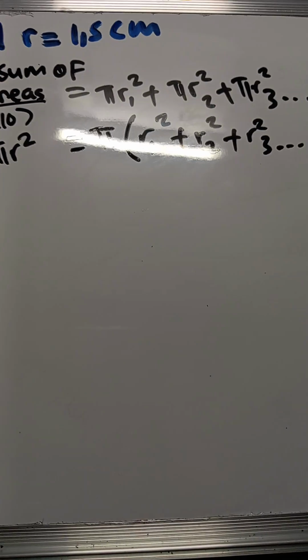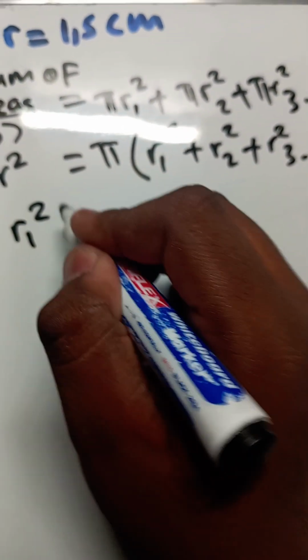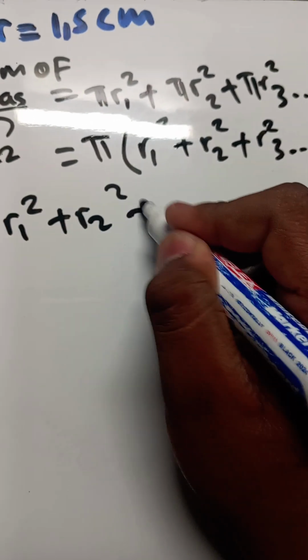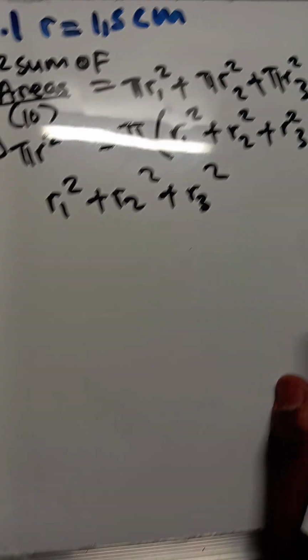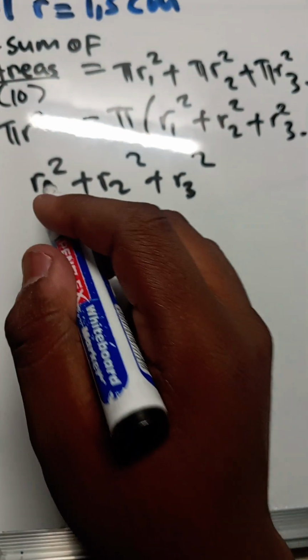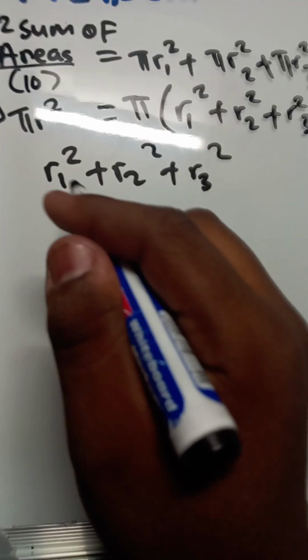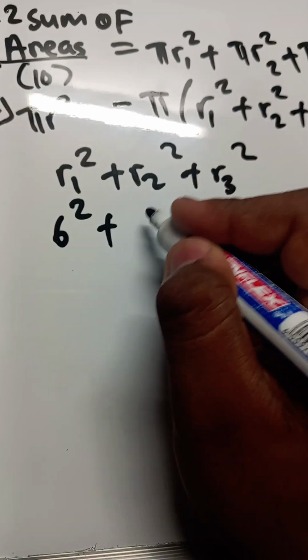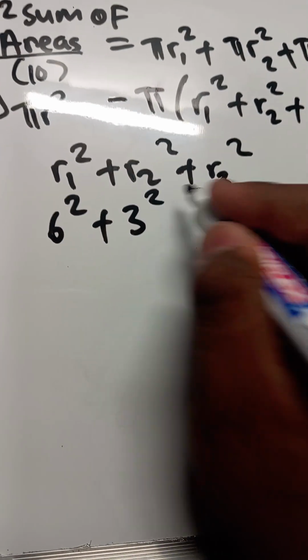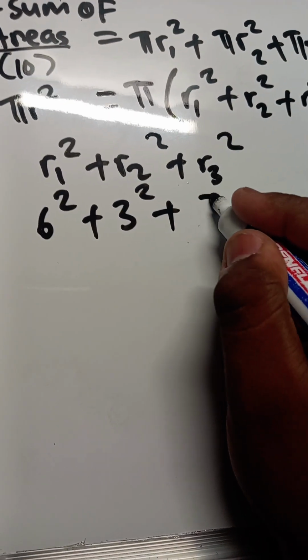I'm just going to do something like the usual thing we do in patterns. So now I just have r1 squared plus r2 squared plus r3 squared. I'm just going to take the first part that I have there. So what is the first one? R1, we know this for the first one, is 6. And then the second one is 3. The third one is 3 over 2.